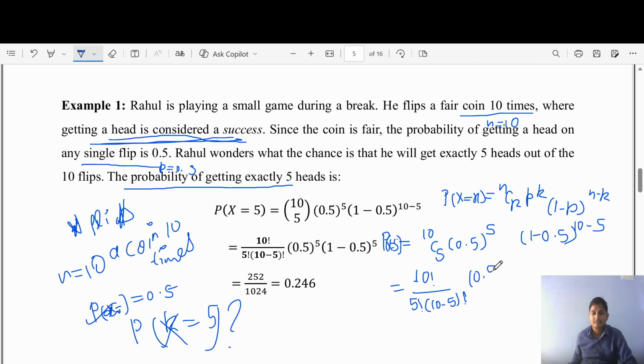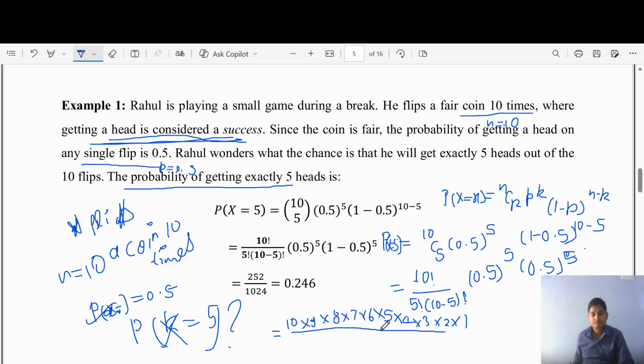This is 0.5 to the power 5, and 1 minus 0.5 means 0.5 to the power 5. So 10 factorial means 10 times 9 times 8 times 7 times 6 times 5 times 4 times 3 times 2.